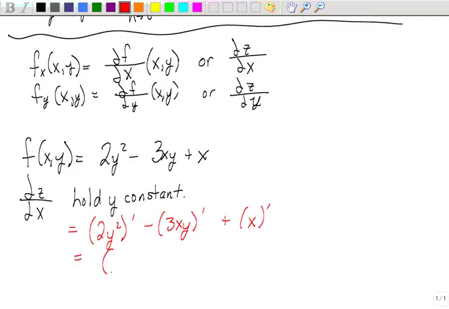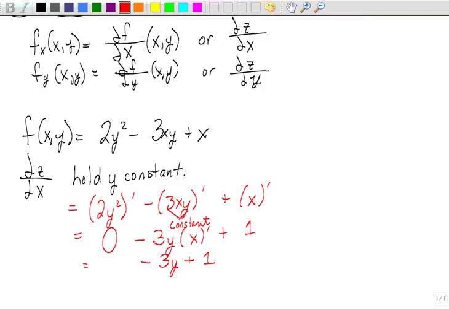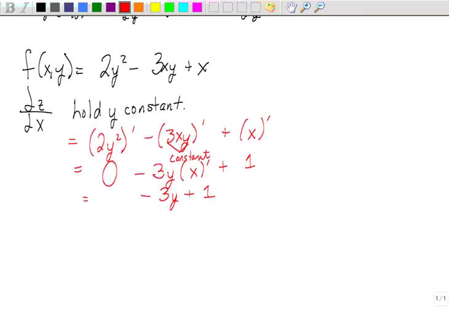And if y is constant, that's going to be 0. And here, 3y is constant. So when you have a constant, that's just going to be minus 3y times the derivative of x, plus the derivative of x with respect to x is going to be 1. So this is just going to be minus 3y, because the derivative of x is 1, plus 1. Now, that prime notation is not really correct, but it's just so you know that we're taking the derivative. We really should use better notation.